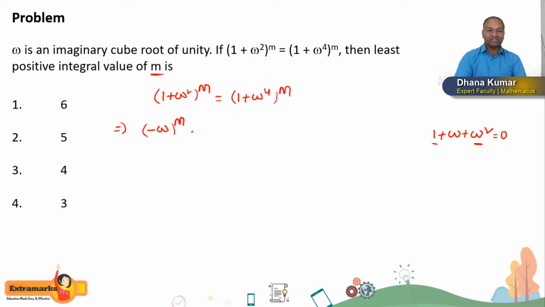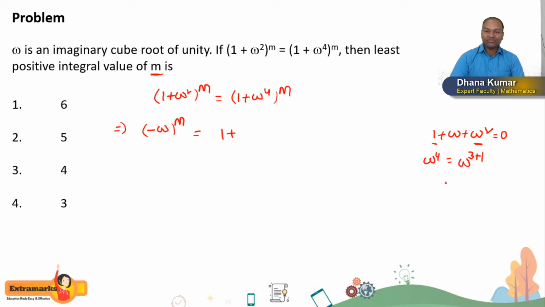That is equal to, on simplification, 1 plus the value of omega power 4. See, as a rough calculation, I am finding the value of omega power 4. This can be written as 4 is 3 plus 1. Correct or not? It is in the form of x power m plus n.